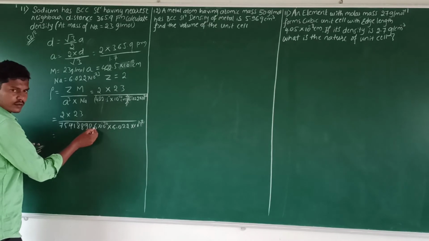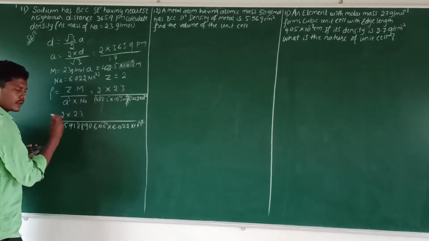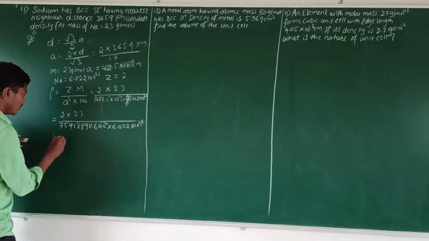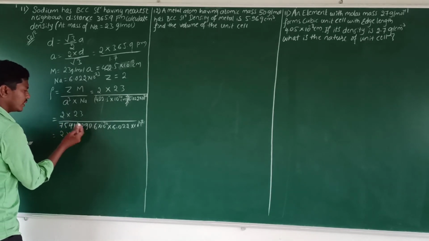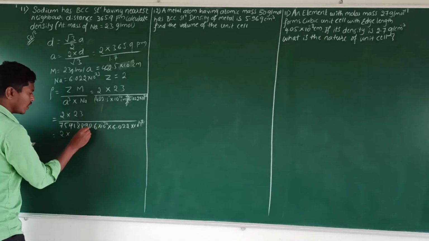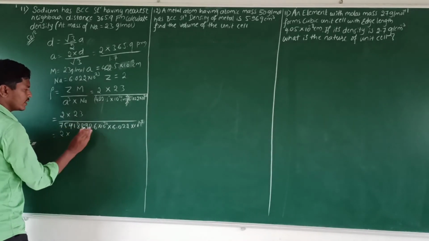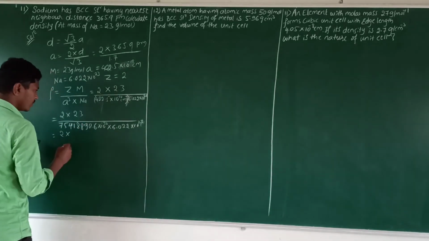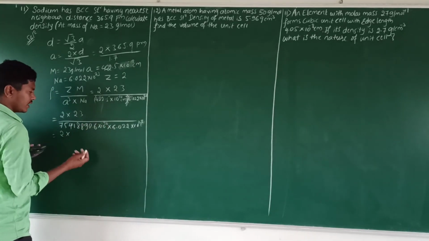We are sliding this decimal towards the 7. When we take this decimal to 7, seven places are reduced in this power, so it is 10 to the power minus 23.